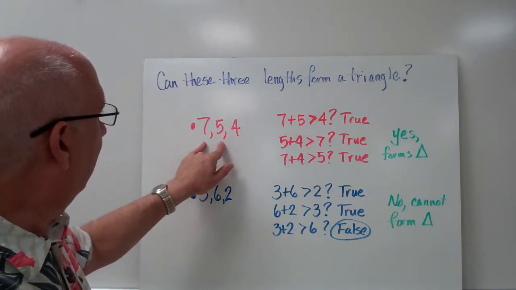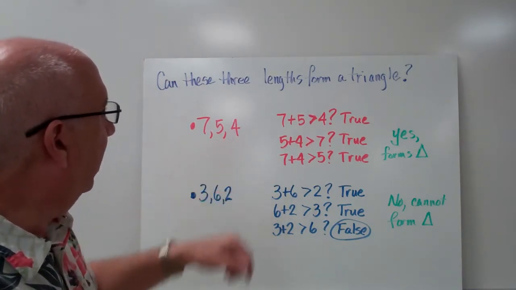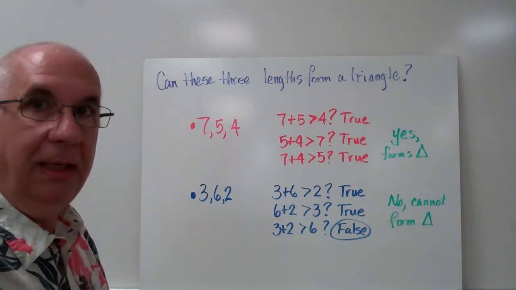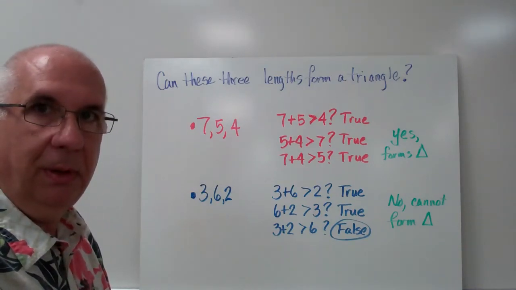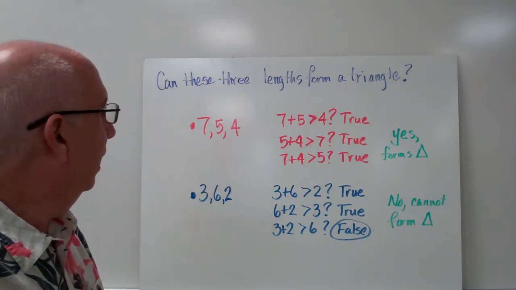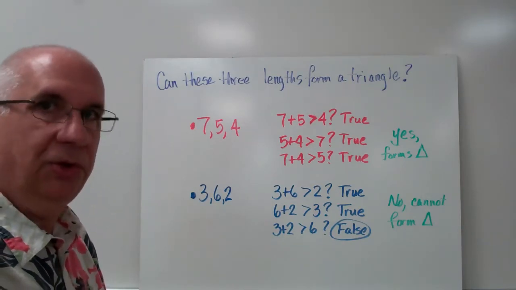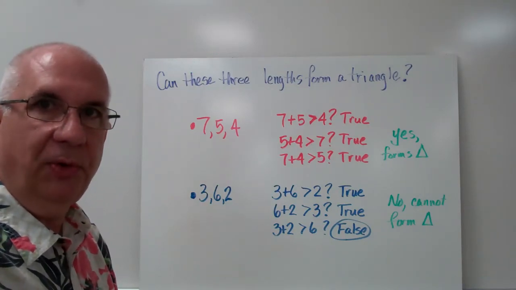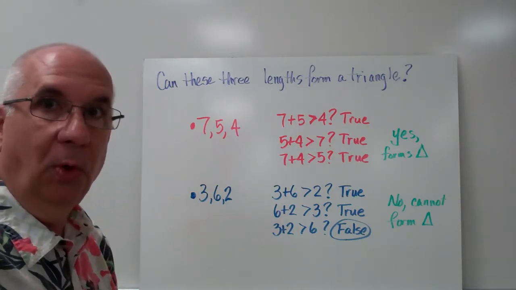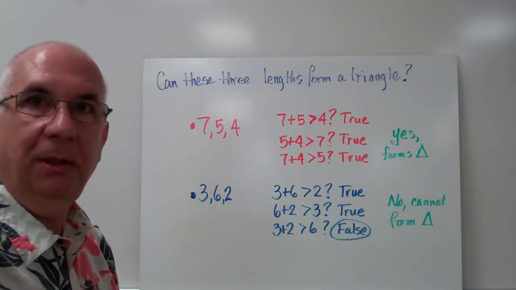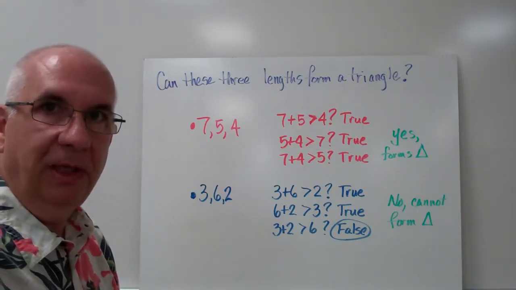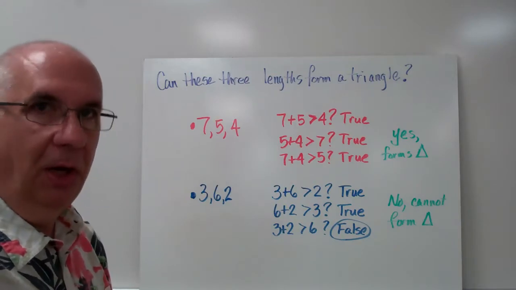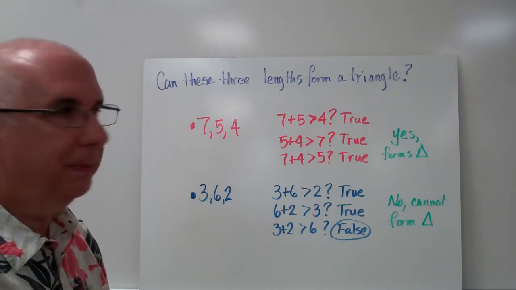You look at the sum of each of the two legs has to be greater than the third length. You check all three combinations. If all three are true, then yes, it can form a triangle. But if you find just one that is not true, that's a false statement, then no, it cannot form a triangle.